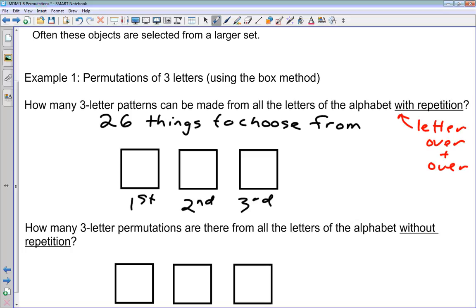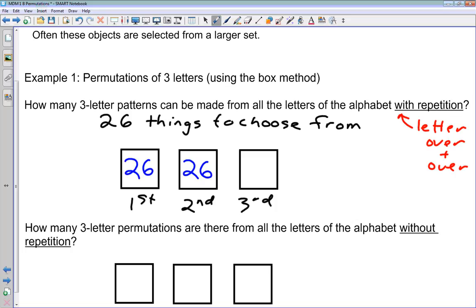We ask ourselves, how many choices do we have for the things that we want to put in each box, or in each place in our pattern? For the first letter, we have 26 letters of the alphabet to choose from, so 26 different possible things we can put in there. When we go to put in our second letter, we also have 26 choices, because we can use the same letter that we used in the first box.